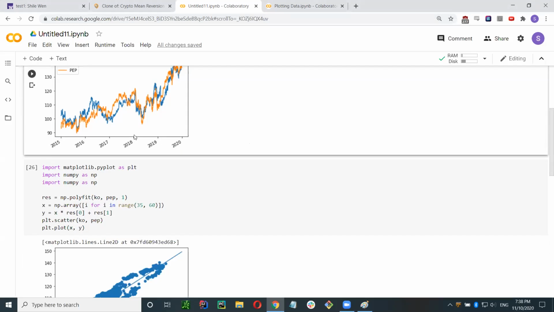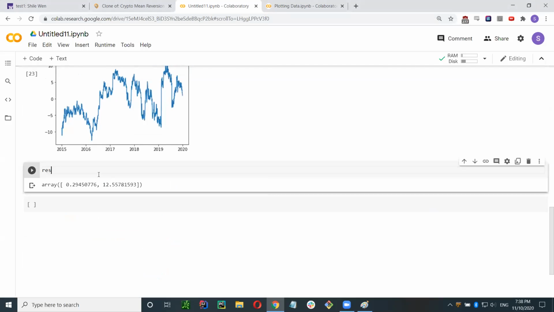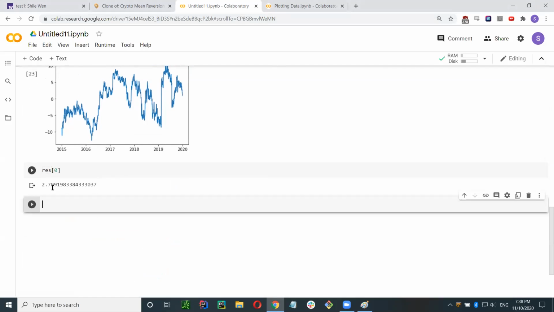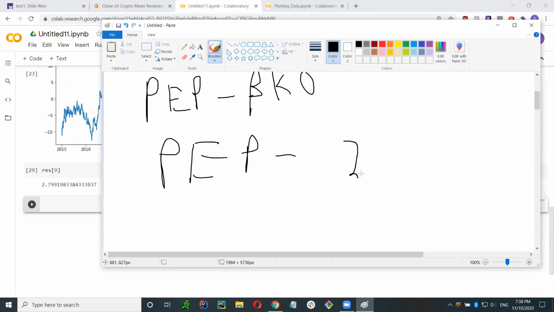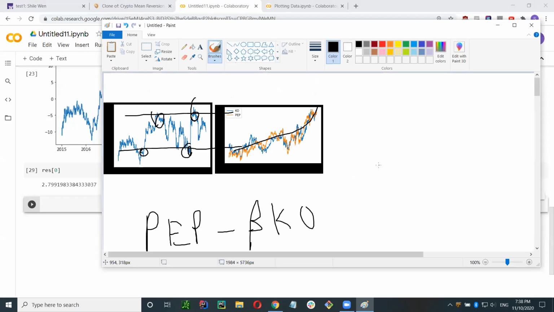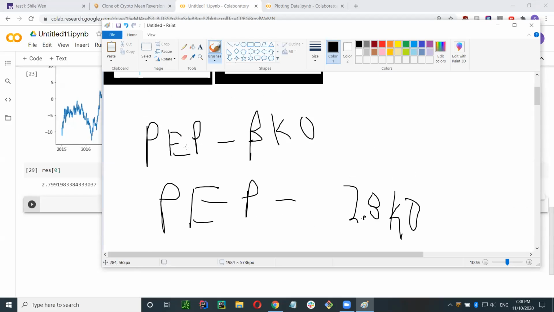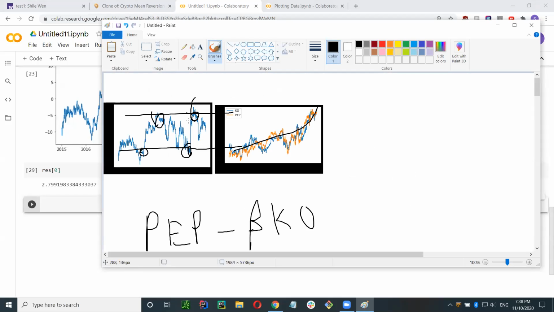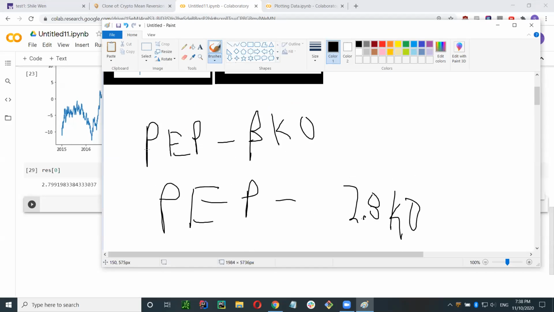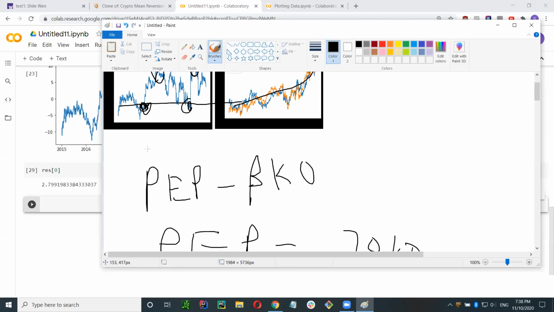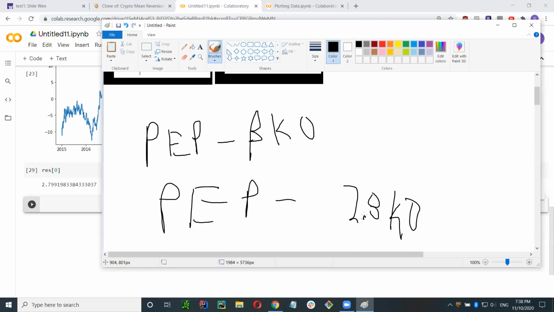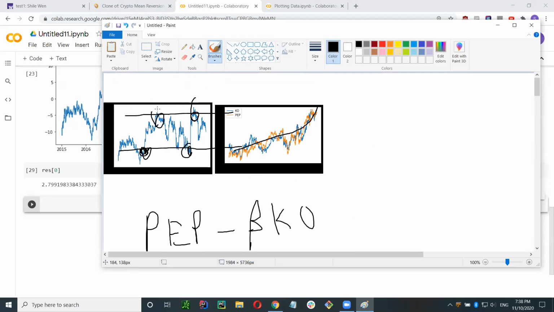It's something like 2.8 times Coca-Cola. So when we plot out PEP minus 2.8 Coca-Cola, here we'd want to buy Pepsi and sell 2.8 units of Coca-Cola.